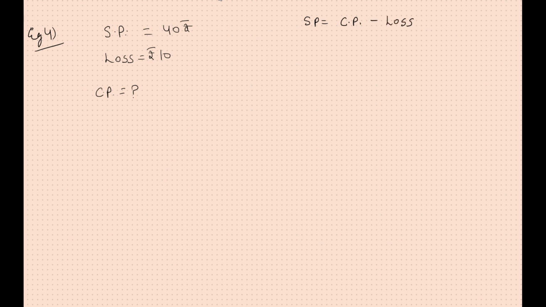So we have selling price 40 rupees, cost price we don't know, minus loss 10 rupees. So cost price equals 40 plus 10 equals 50 rupees. So for future reference, there is one more formula: cost price equals selling price plus loss.